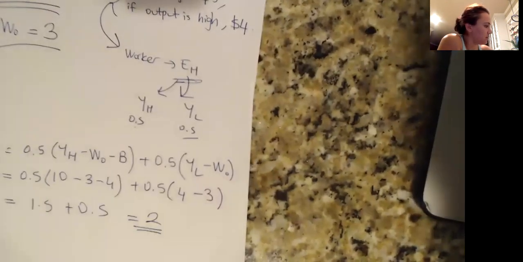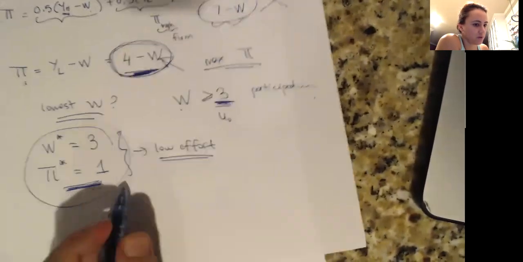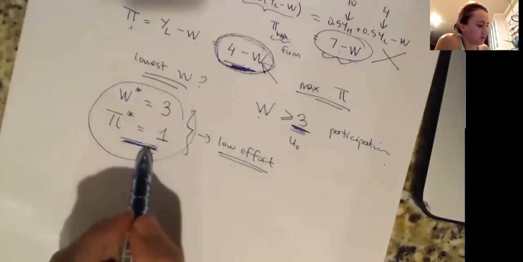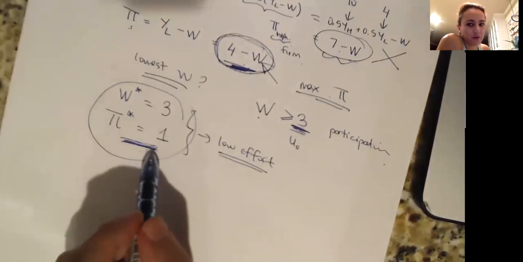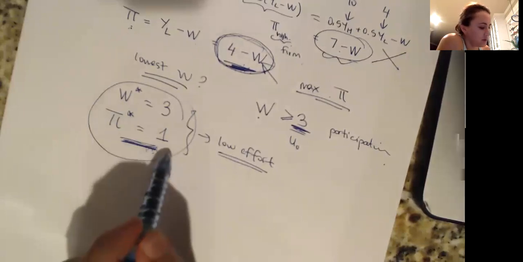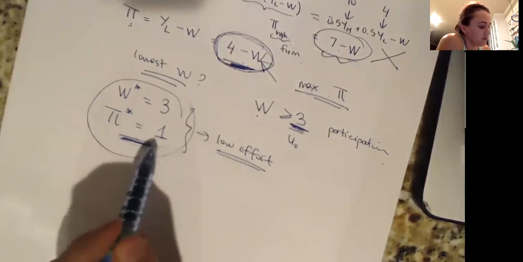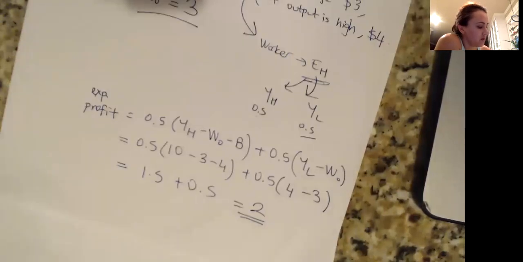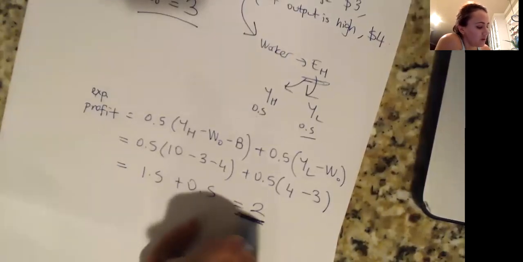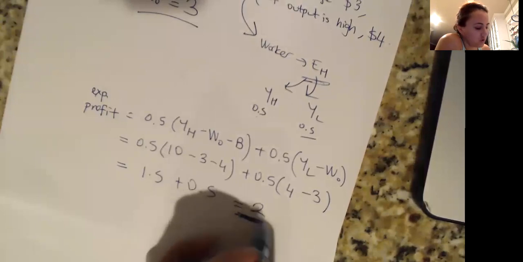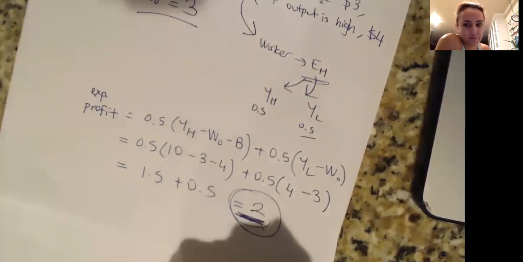Remember the thing that I told you to keep in your head? Profit is equal to 1. So when the firm was offering the same contract to everybody, its expected profit was 1. Now, when you offer a contract with a bonus, your expected profit is 2.